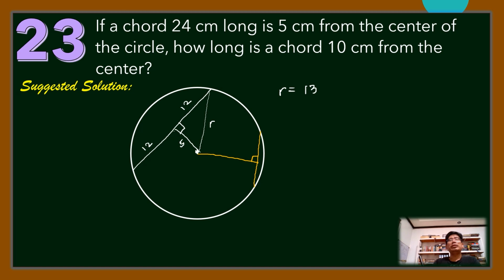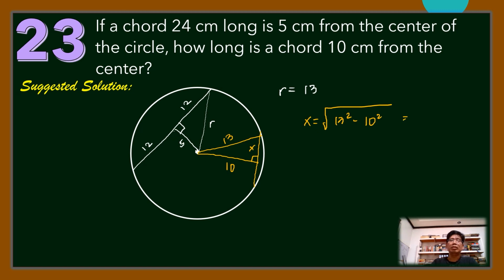Also, this chord is perpendicular to the line containing the radius, and the distance is 10. Since the radius is 13 centimeters, then we can get half the chord by using Pythagorean theorem, and let that be x. So x is equal to the square root of 13 squared minus 10 squared.